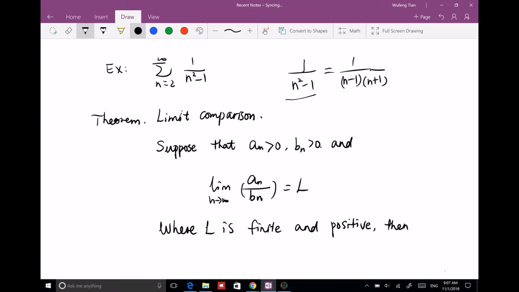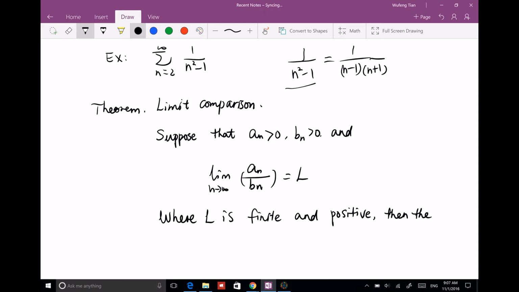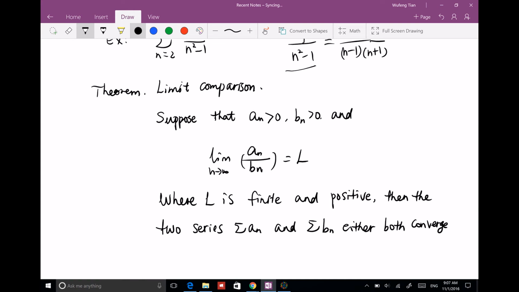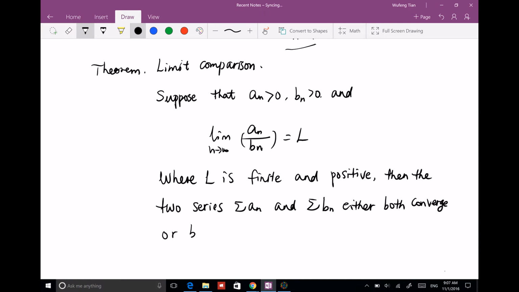Then the two series an and bn either both converge or both diverge.